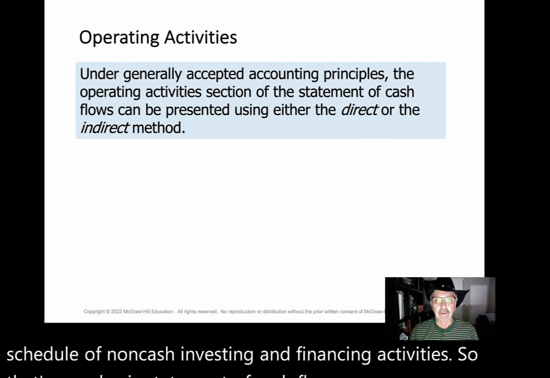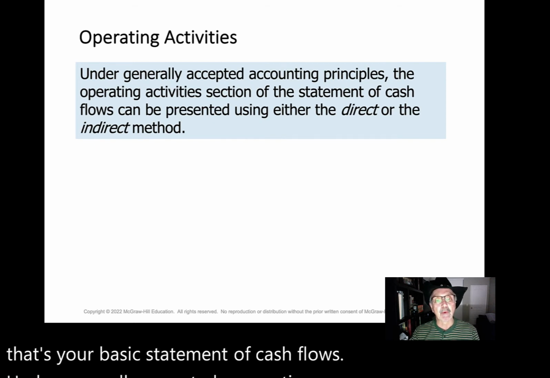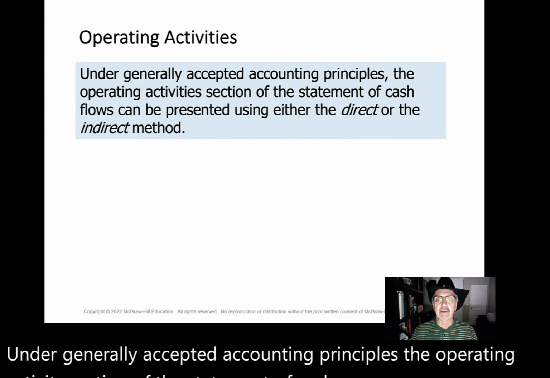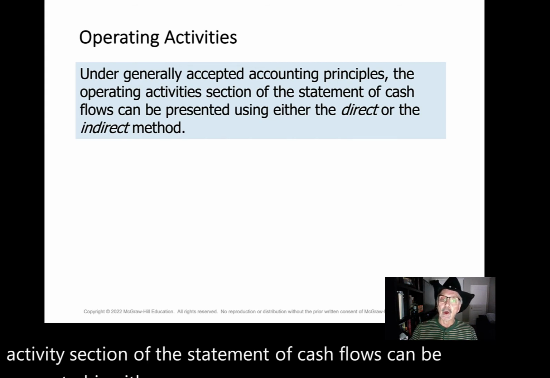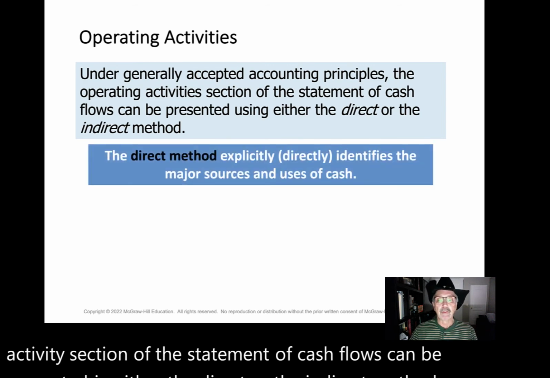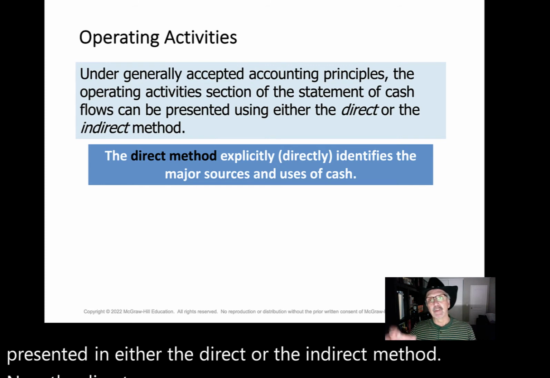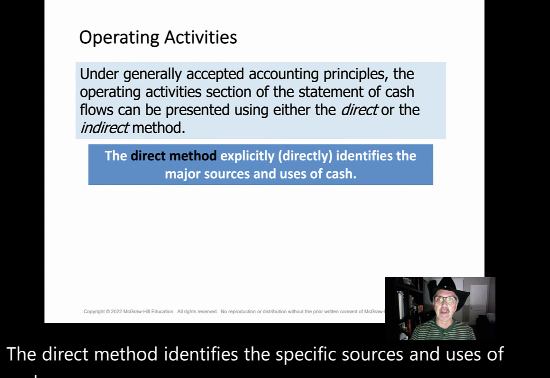Now, under generally accepted accounting principles, the operating activity section of the statement of cash flows can be presented in either the direct or the indirect method. Now, the direct method identifies the specific sources and uses of cash. That's the statement that you've been looking at since chapter 1.